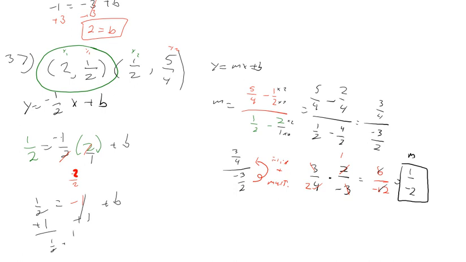Multiply it by 2, make it into 1/2 plus 2 over 2, which is 3 over 2. And that's b.